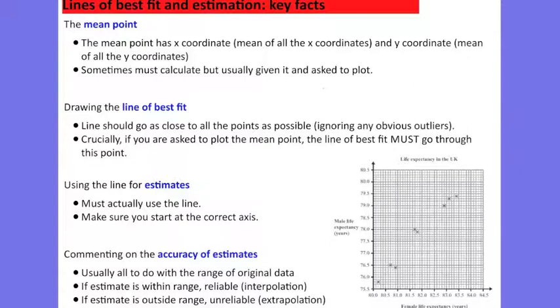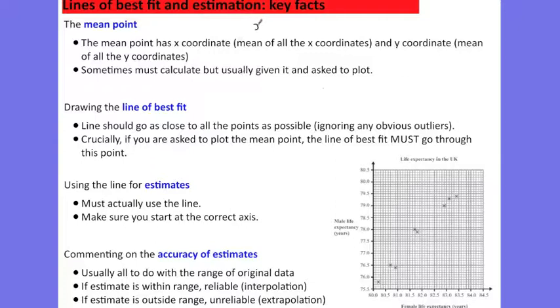Lines of best fit and estimation. The mean point has a coordinate x, which is found by adding up and dividing all of our x coordinates. It is the mean of the x coordinates. Similarly, the y coordinate is the mean of all of the y coordinates.